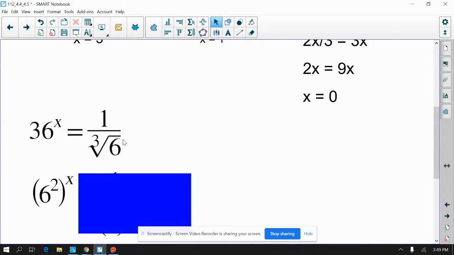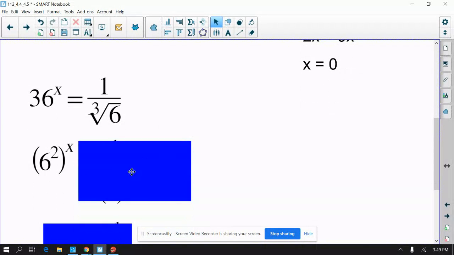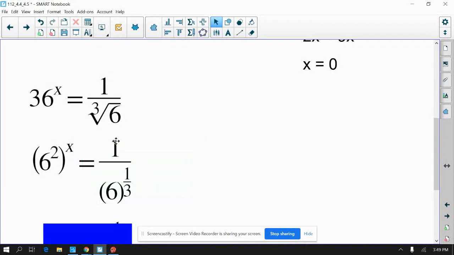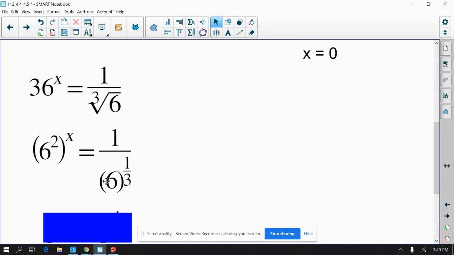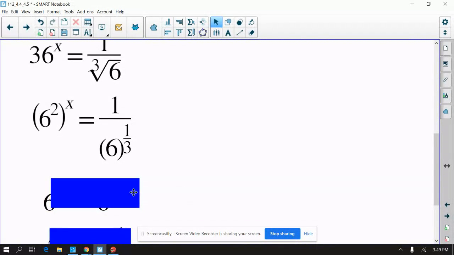Well, the cube root of 6, remember, is 6 to the 1/3. So this is really 1 over 6 to the 1/3. And since it's in the denominator, I can make it in the numerator if I make the exponent the opposite value. So the opposite of 1/3 is negative 1/3.